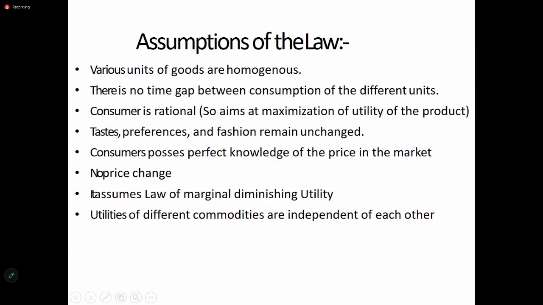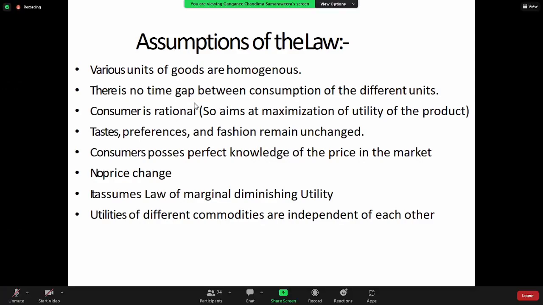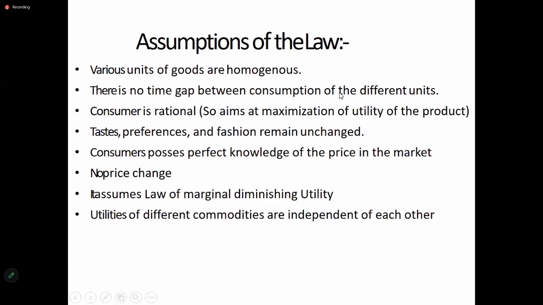We assume all are homogeneous. That's why we go for one while sacrificing the other. There is no time gap between consumption of different units. We are assuming no time change, because you know preferences change from time to time, but we assume no time gap.